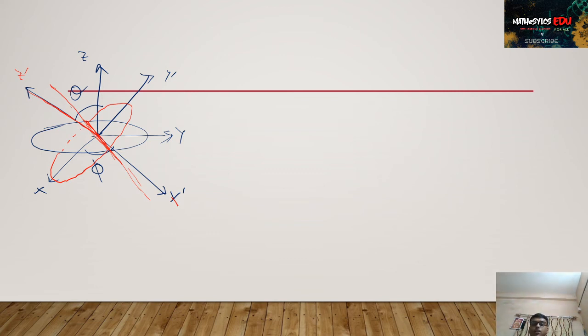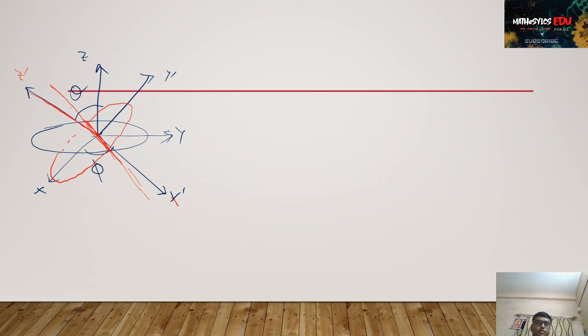Why? Because you know that the direction of normal of the two planes is perpendicular to the line of intersection of both the planes. When two planes intersect, they intersect along a line, and that particular line is perpendicular to the normals of both the planes.